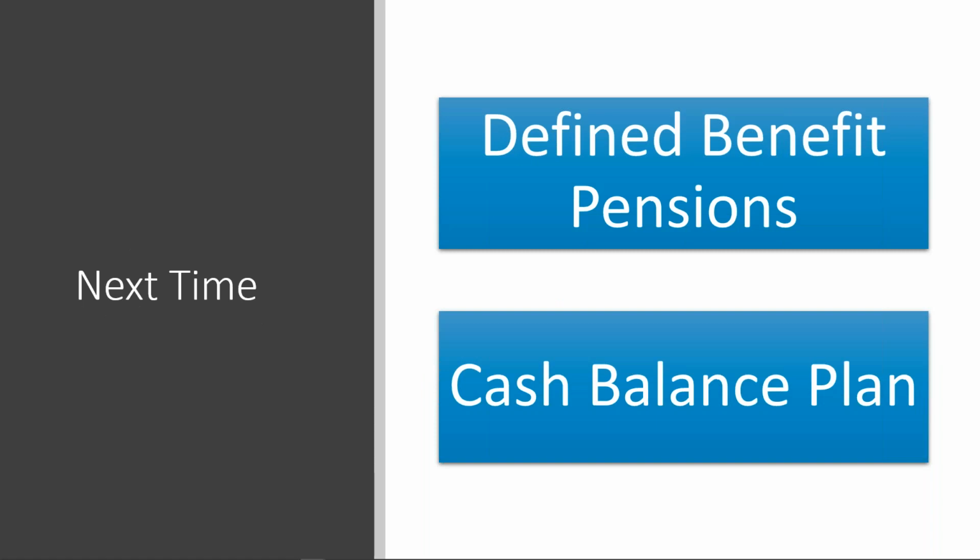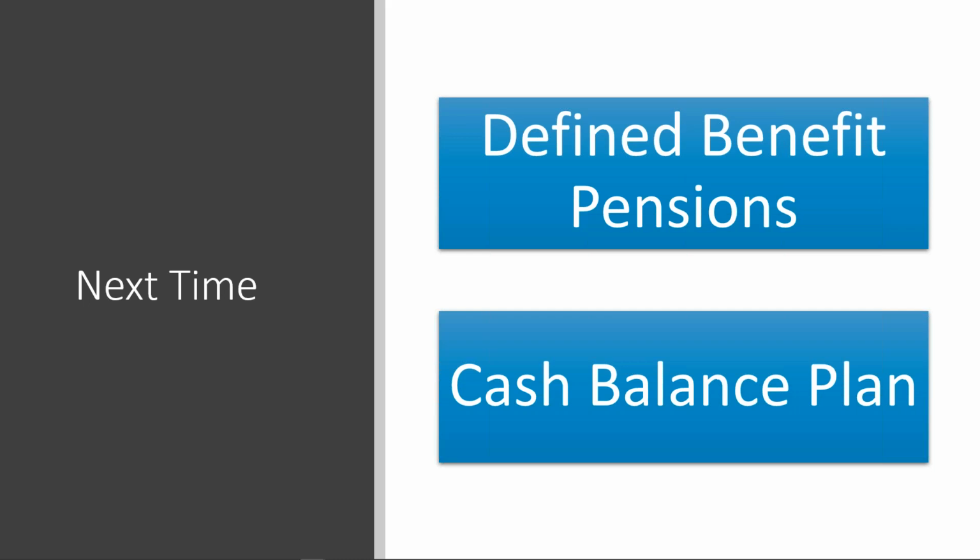Next time, we're going to be talking about defined benefit pension plans, as well as the cash balance plan, which is in fact a defined benefit plan, but it's kind of a hybrid plan. It's one of my favorite plans for those of you out there whose business is really cranking at level 2 or level 3 and you have fairly high, steady excess cash flow.